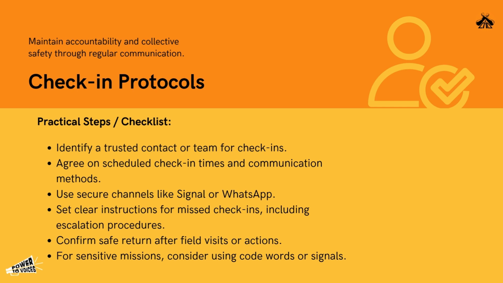For example, twice a day via Signal or a short-coded message. Use secure communication channels only. No open or insecure platforms. Define an escalation process. Decide what to do if someone misses a check-in. For example, how long to wait, or who to contact, or when to escalate.